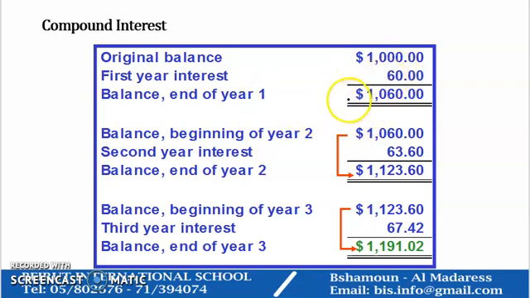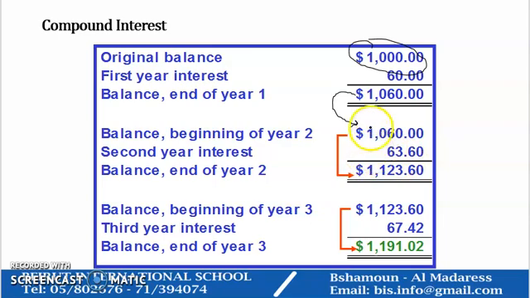So the new balance, or the balance at the end of the first year, is $1,060. At the beginning of the second year, I'm not going to deal with the original balance. No, I'm going to deal with the balance at the end of the first year. So the interest for the second year will be 63.6.